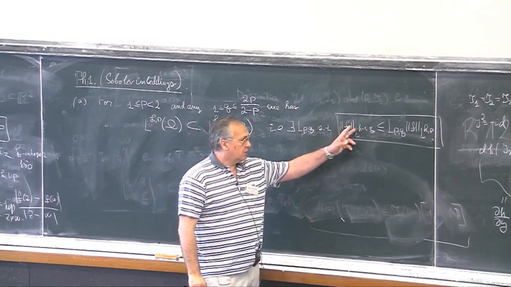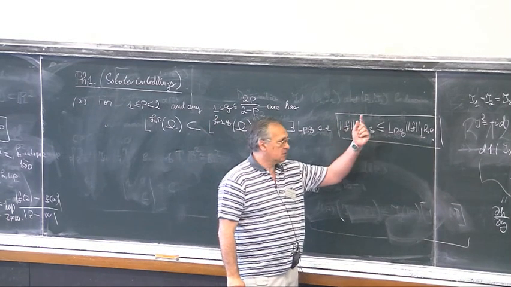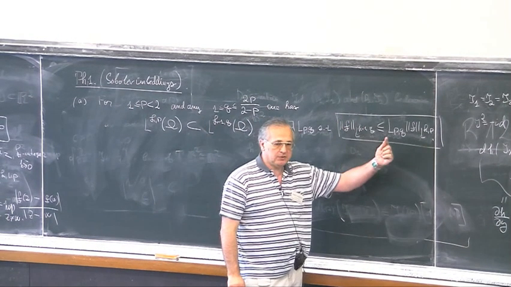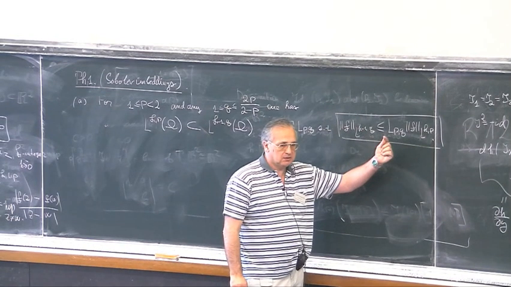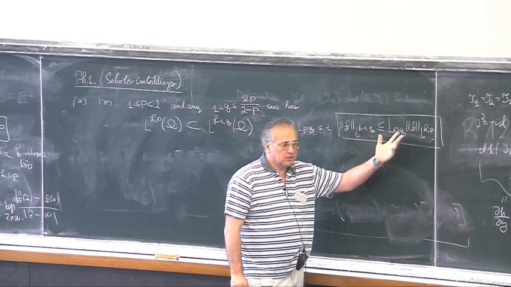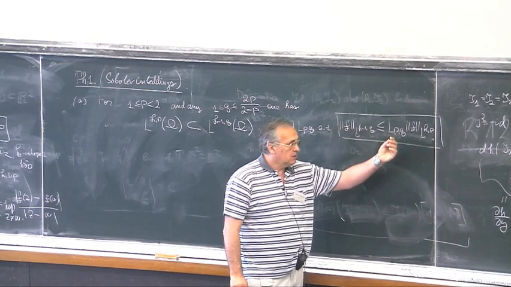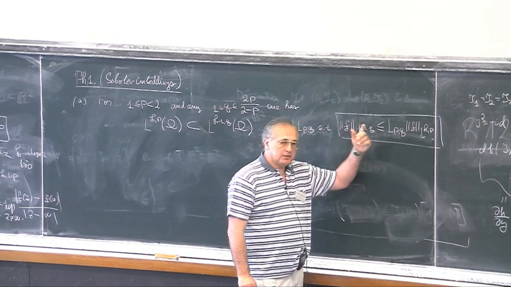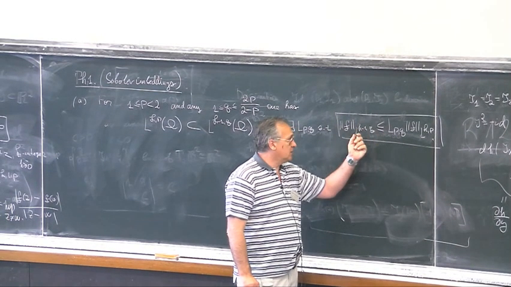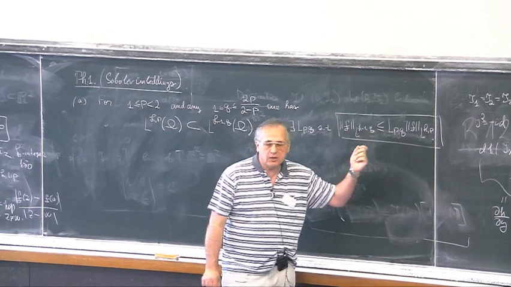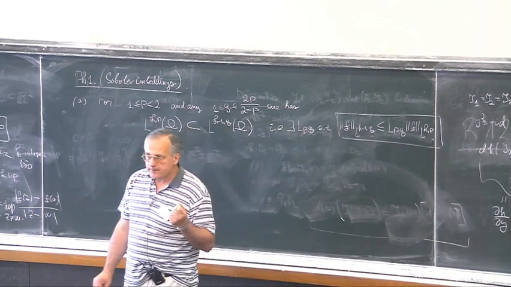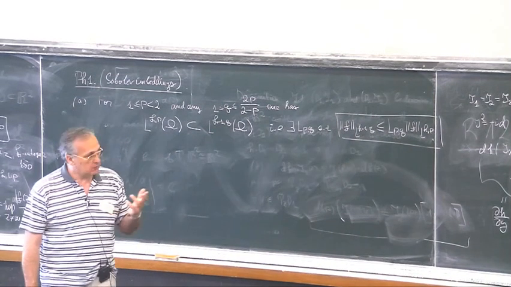For example, if our function is in L^1_p and p is rather small, close to 2, then the statement ensures that your function is in L^q with q arbitrarily big, almost in L infinity, and you have a bound.